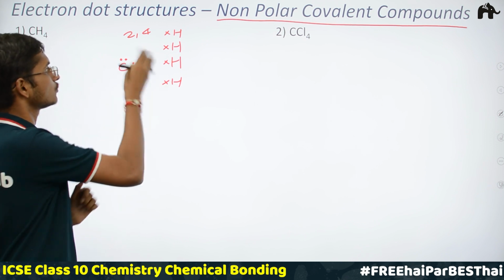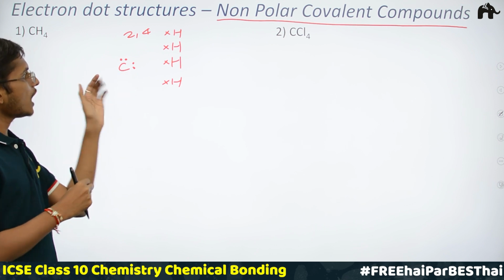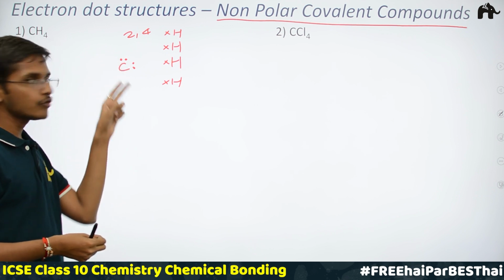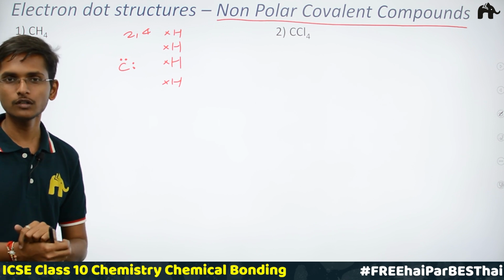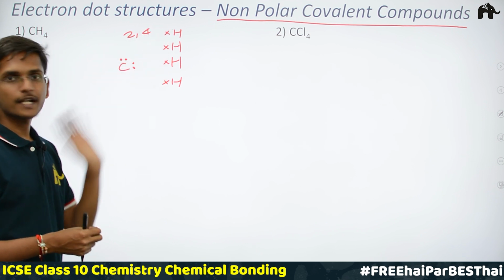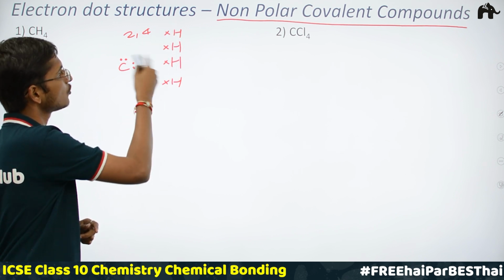So now let's move ahead. How would carbon attain the octet? It has 4 electrons and needs 4, so it would share its 4 electrons with the 4 hydrogen atoms, and each hydrogen would share its 1 electron with the carbon atom.